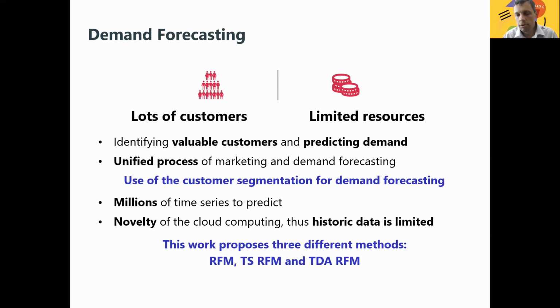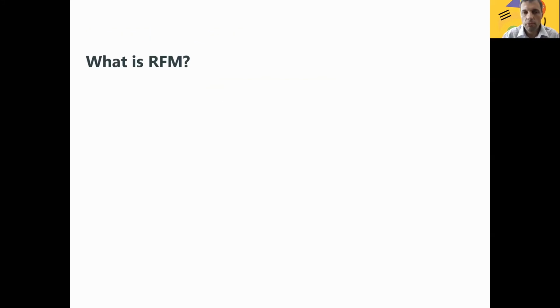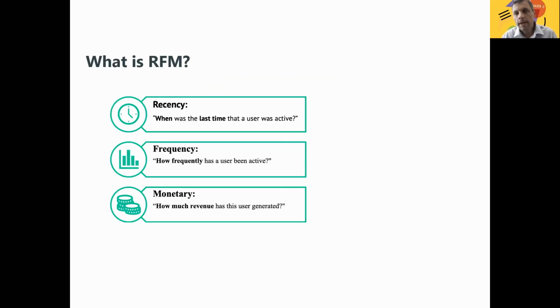Because of that, we need some unified automatic tool for construction of features that are sufficiently powerful for time series prediction. In practice, managers often solve this problem using the so-called RFM concept.